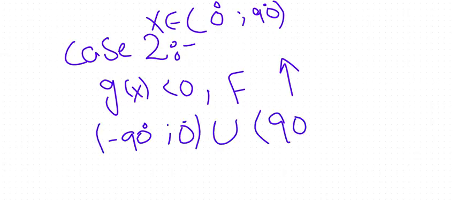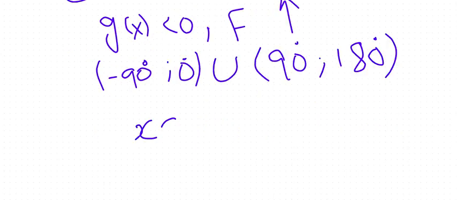Okay, so f is increasing for x belongs to -180 degrees to 0. So the intersection of these two intervals is x belongs to -90 degrees to 0 degrees.